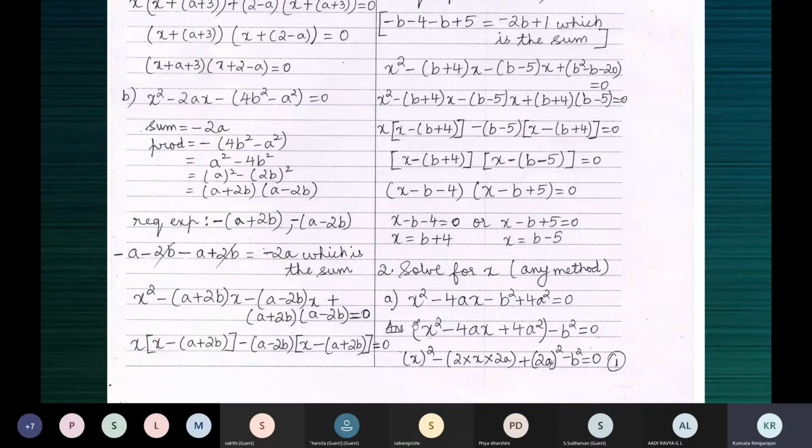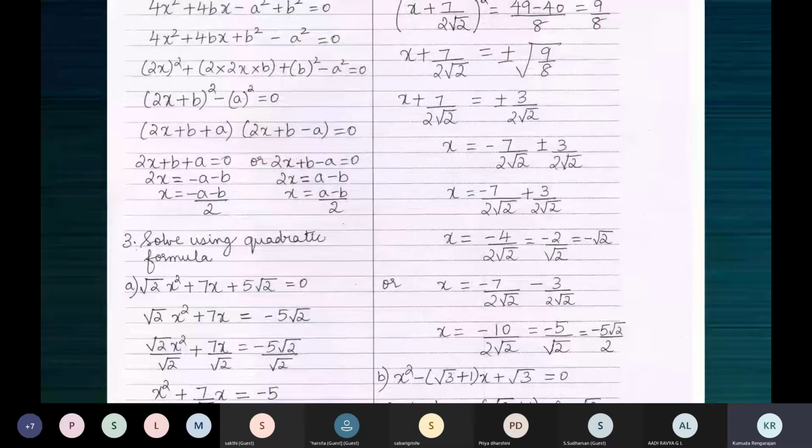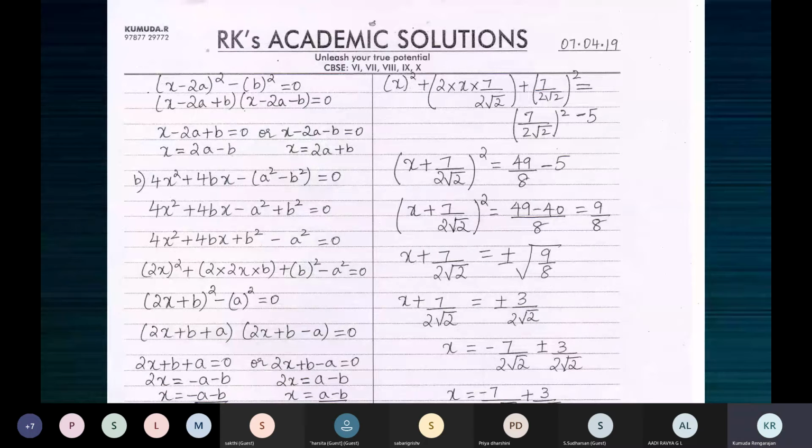So here we factorize by grouping 3 terms, which make a perfect square. Here, see, we group these 3 terms. We have minus b square separately. These 3 terms make a perfect square. So the first 3 terms is equal to x minus 2a the whole square.